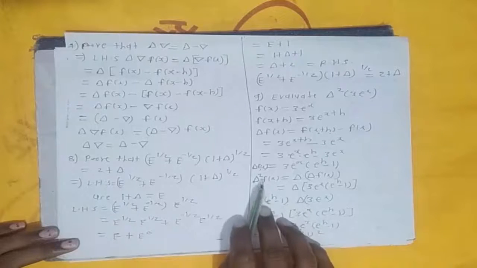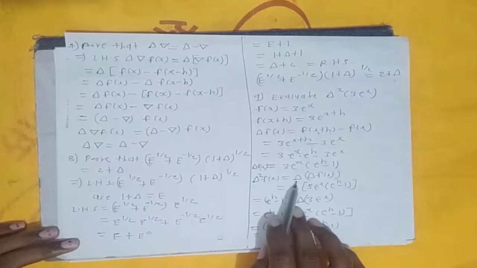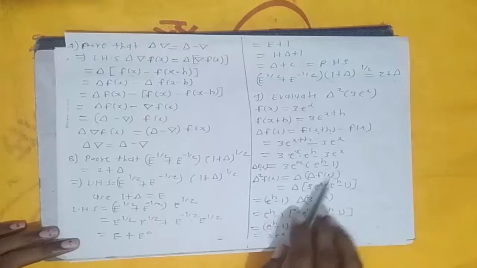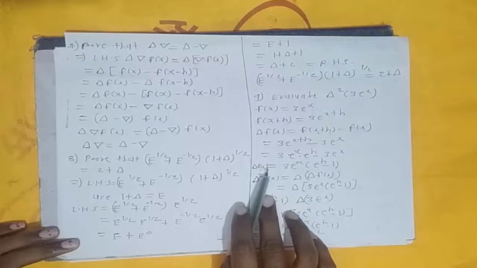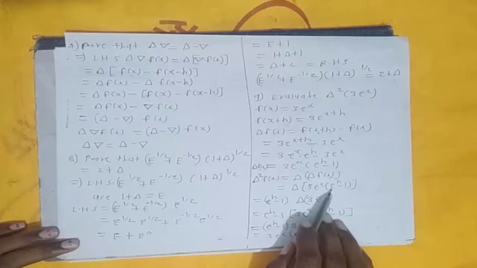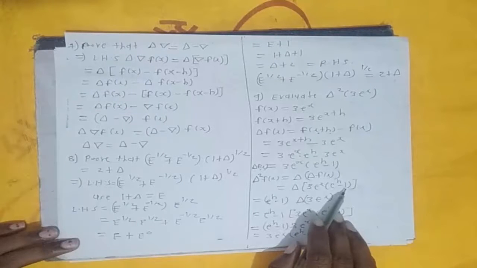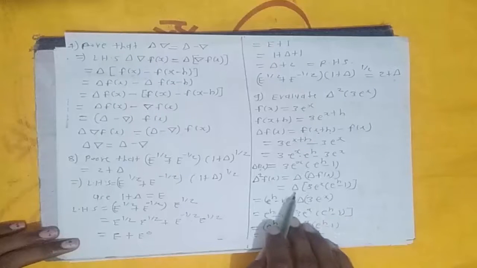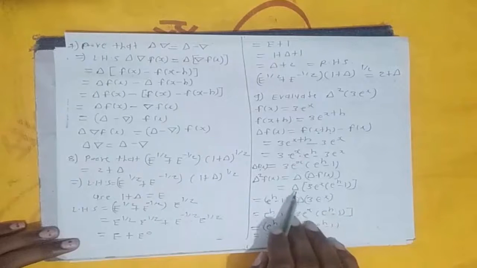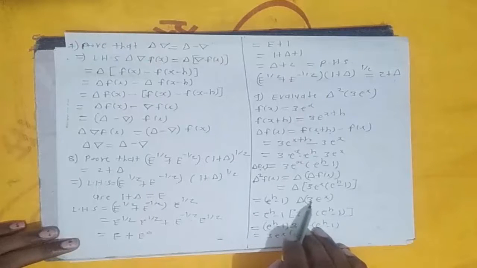Okay. Then we can find delta square in this manner, that is delta of delta f of x. We can write delta square as delta into delta of f of x. So delta f of x we can find, we get delta f of x will be this, we put here this value. Then here we take 3 e raised to h minus 1 outside from this delta, because e raised to h minus 1 will be the constant, and we apply only the shift operator on this delta 3 raised to x.